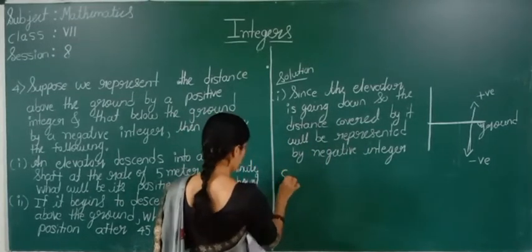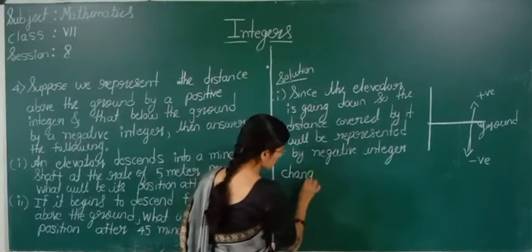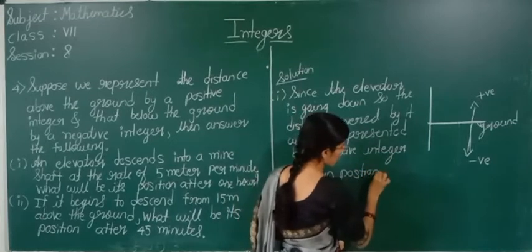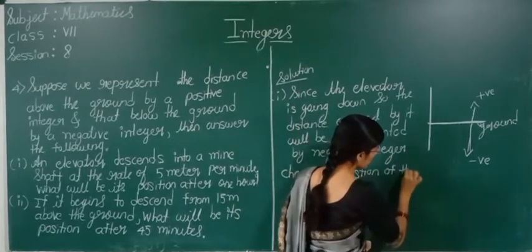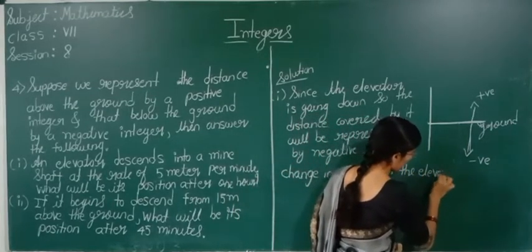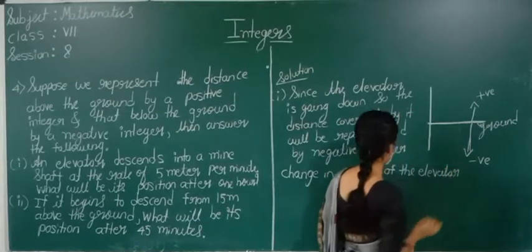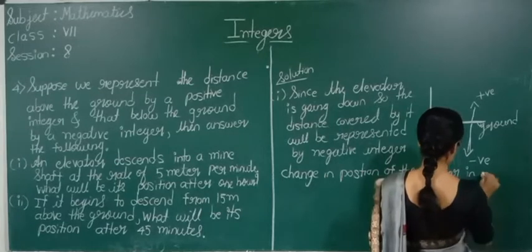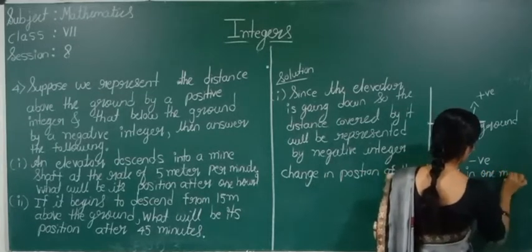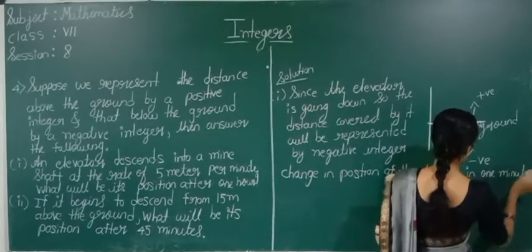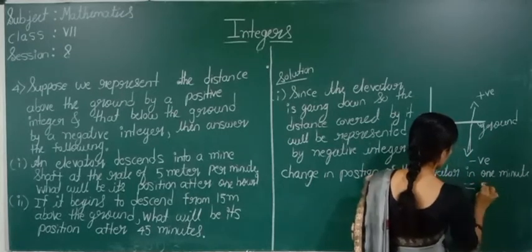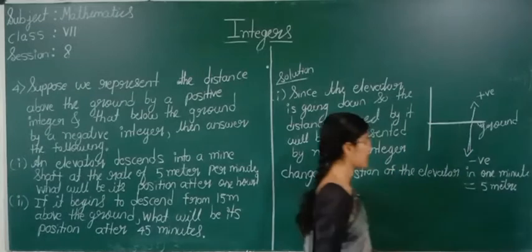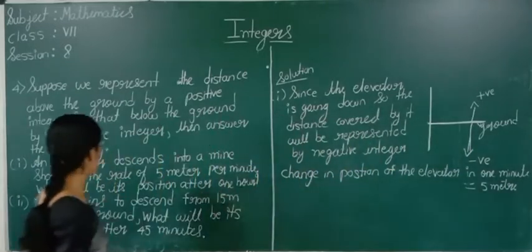Now what have they given? They have given the change in position of the elevator in 1 minute. For 1 minute, how much distance will it cover? For 1 minute, it will cover 5 meters. Now what did they ask?